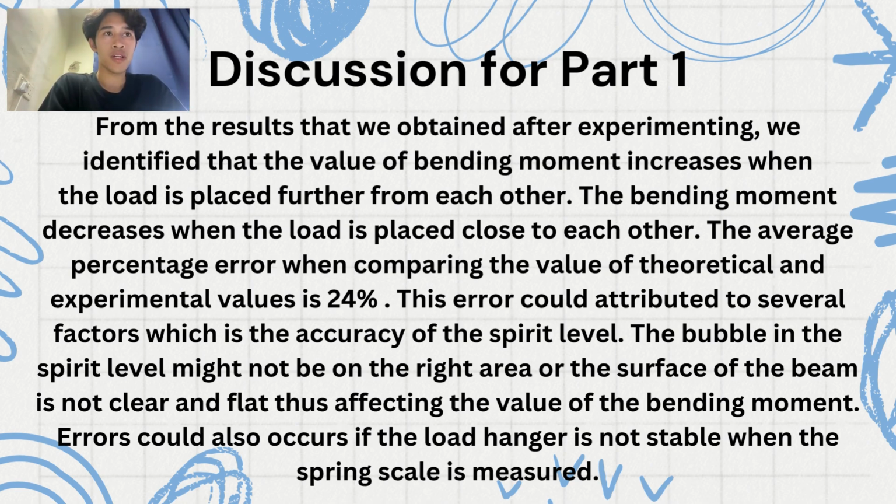After doing the experiment and comparing the experimental value to the theoretical value, we can see that the average percentage error is 24%. This error could be attributed to several factors, which is the accuracy of the spirit level when the bubble inside the spirit level is not exactly in the right area, and the surface of the beam might be interrupted by something which makes it not flat, thus affecting the value of the bending moment.